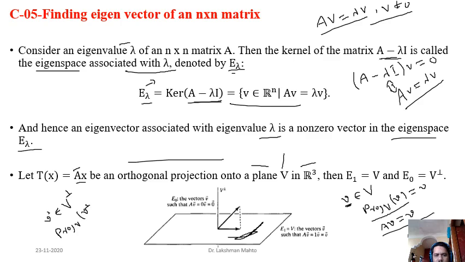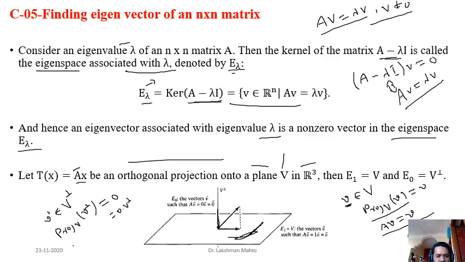You can easily observe that you are taking any vector along this line, so if you project on the plane, it would go to the origin. So the projection of v perp with respect to this plane V would be 0, which you can write as 0 times v perp.